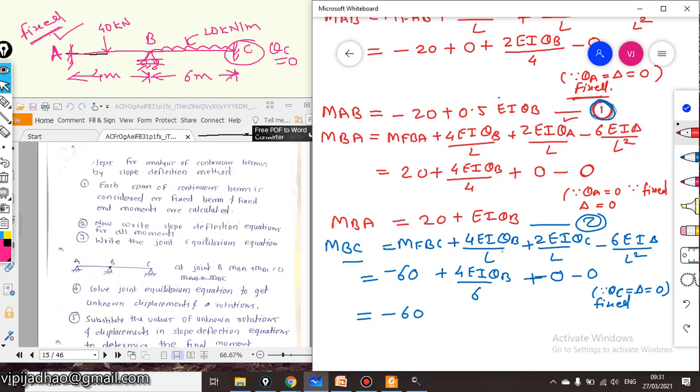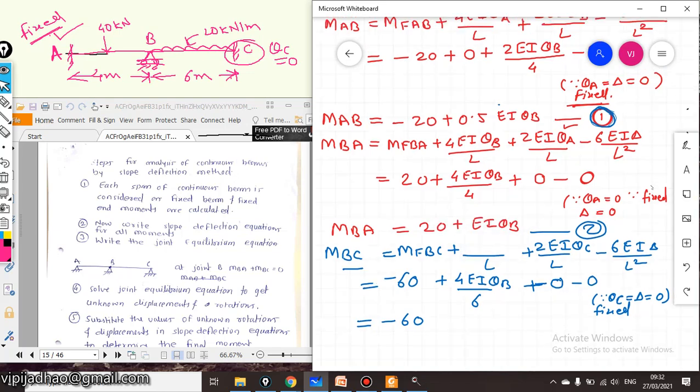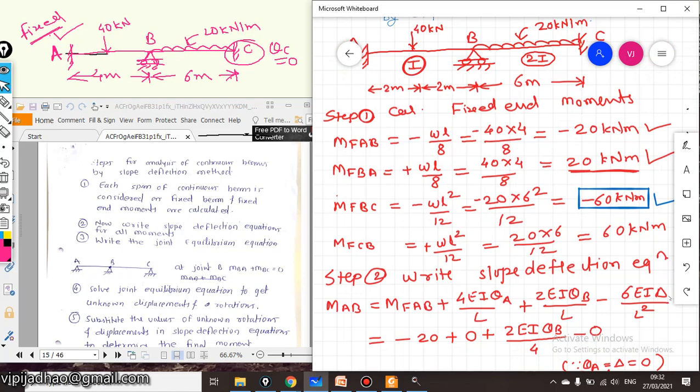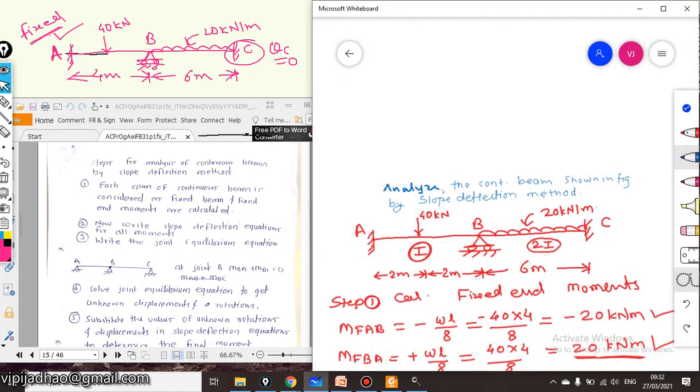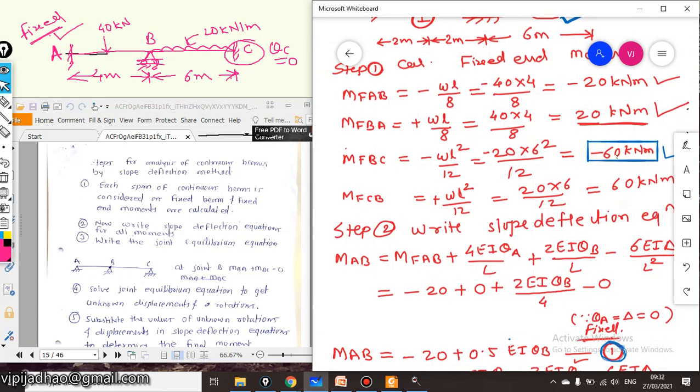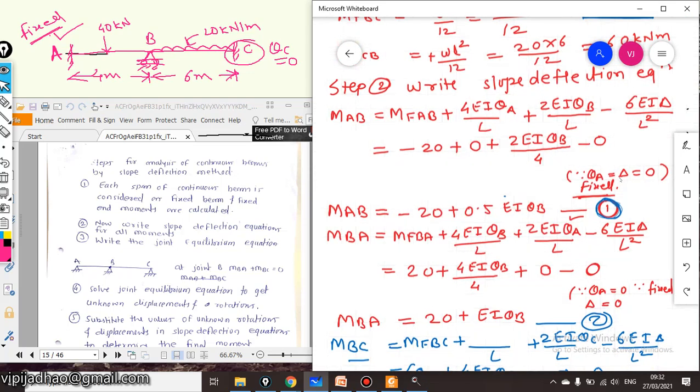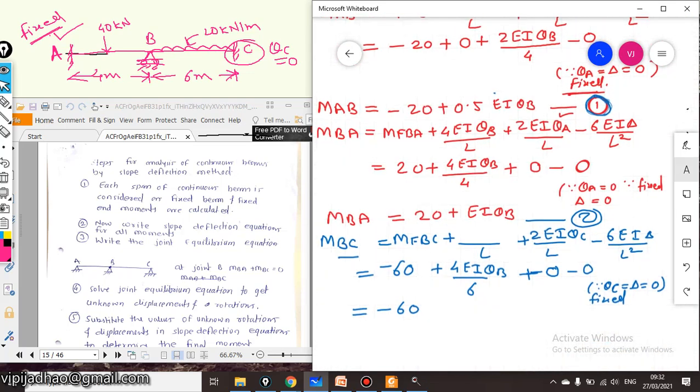We have to take this as twice I. Here we have to take this particular value because the value of moment of inertia for this particular portion is given as twice I, therefore we have to take here the value of moment of inertia as twice I, which I forgot.